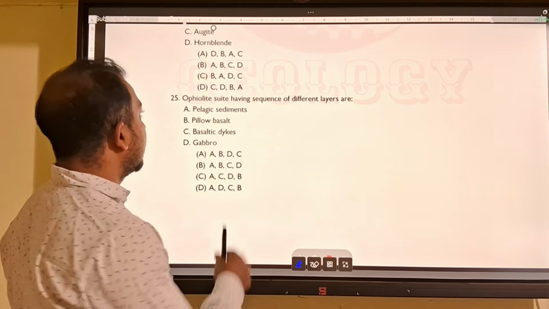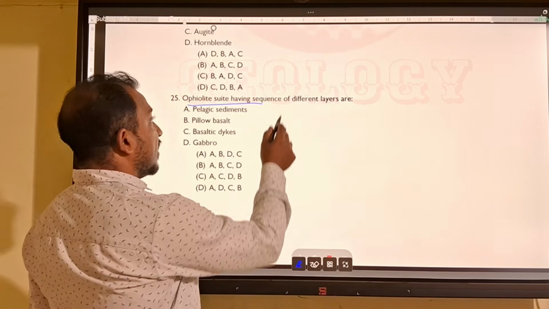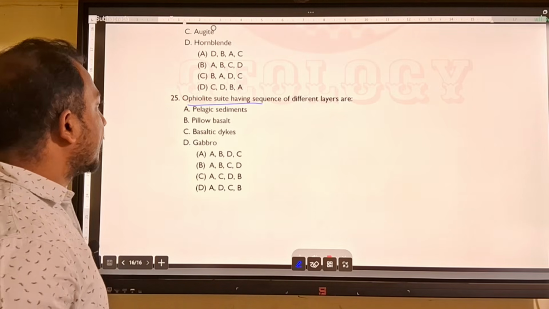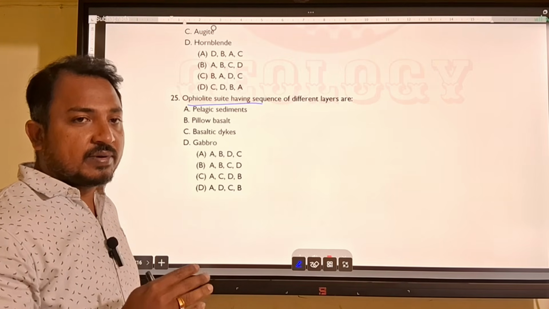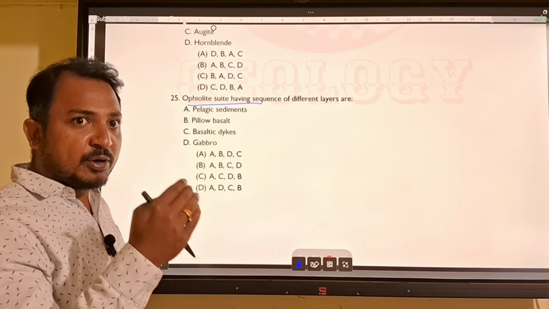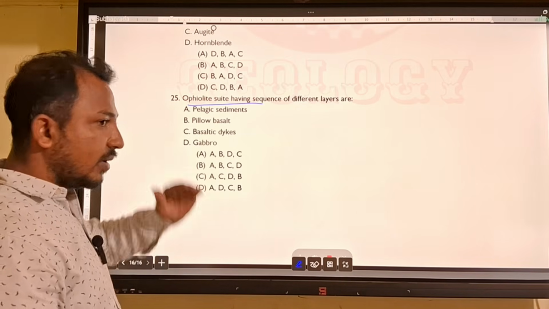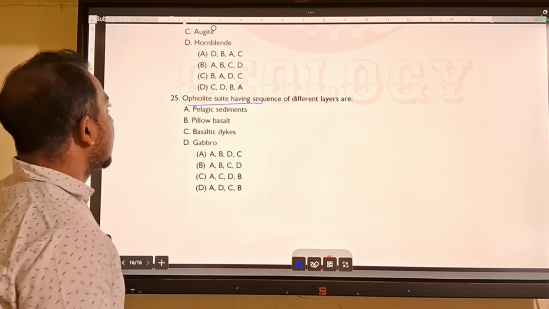Then ophiolite, which we have discussed in the previous question. What are the different layers of ophiolites? So ultramafic layers, then you will find layered gabbro, foliated, then isotropic, then sheeted dike, then pillow basalt, then on the top you will get pelagic sediments or ocean sediments.